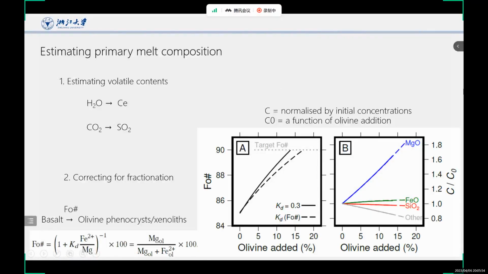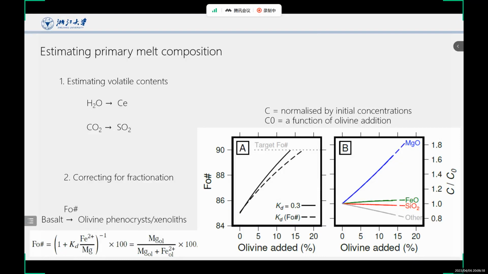For the first part of their function, they use their Python package to estimate the primary melt composition. And for estimating primary composition, we have to estimate the volatile contents first, such as H2O and carbon dioxide.